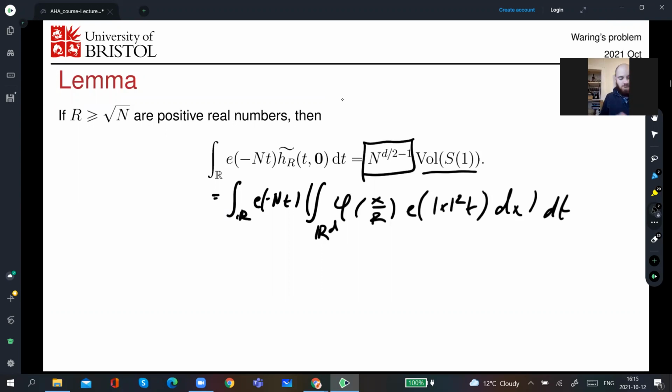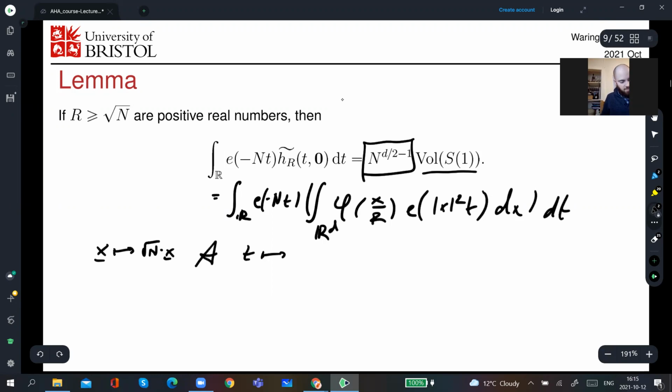Okay, so I'm going to make two changes of variables here. I'm going to send x to square root of n times x, and I'm going to send t to t over n. And when I do that, this becomes, what happens here? Well, I multiply by square root of n.